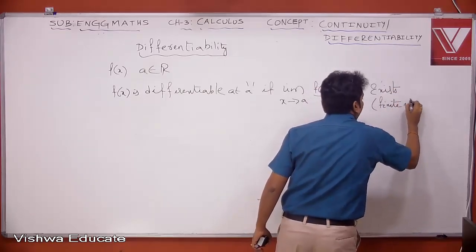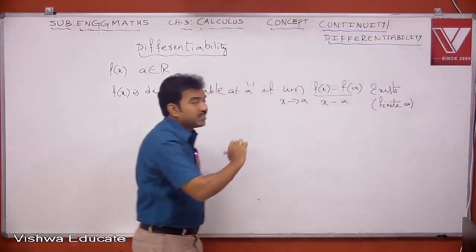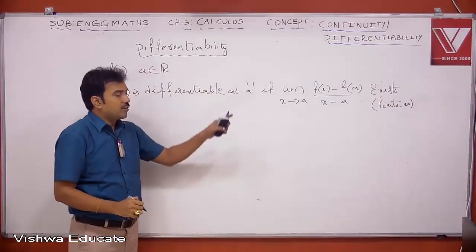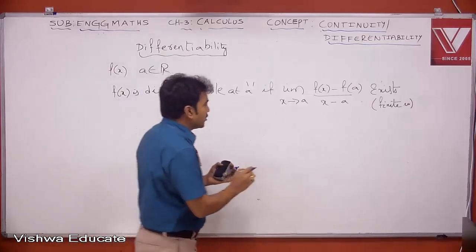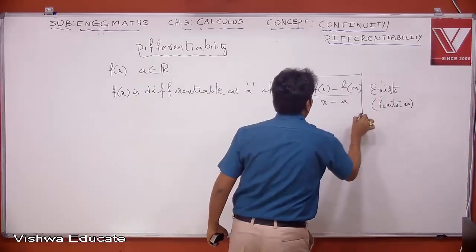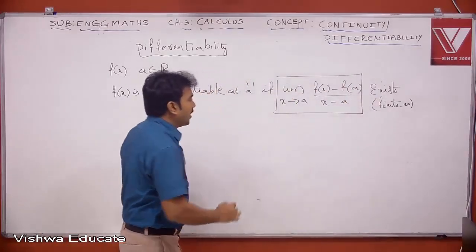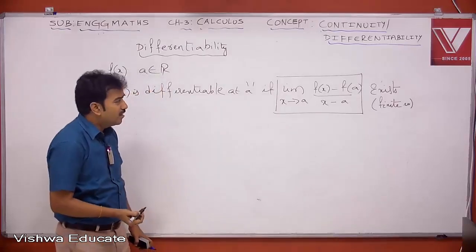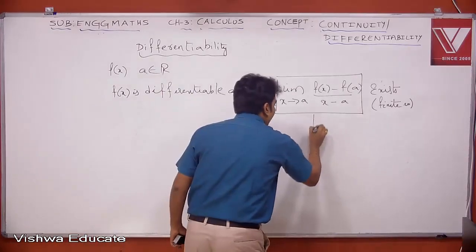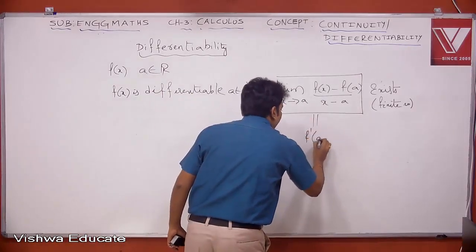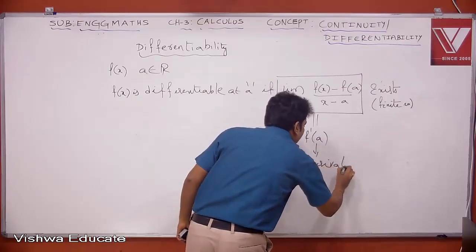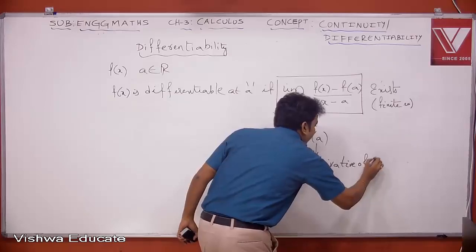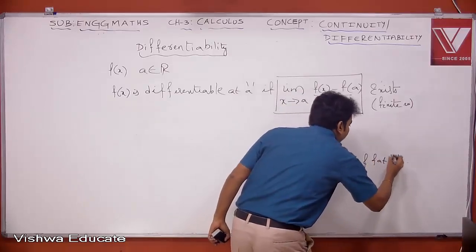Always remember one point, whenever we discuss the term exists in math class, it refers to a finite number, right? This is very important for us. And this particular limit is denoted by f dash of a. This is nothing but the derivative of f at the point a.